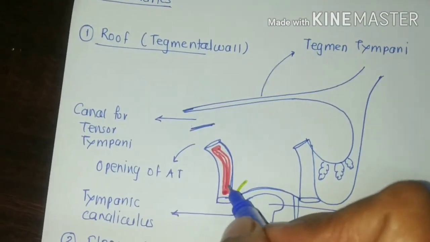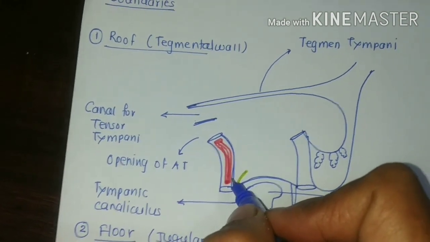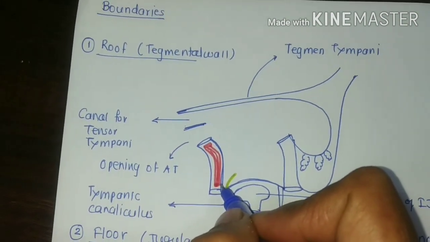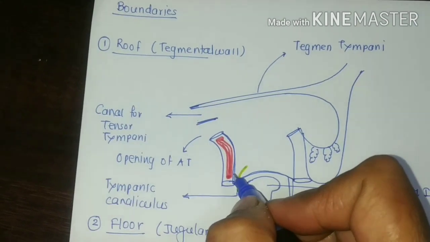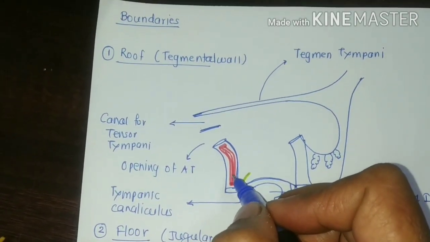And this plate, it is perforated by superior and inferior caroticotympanic nerves and tympanic branch. Clear? So this is the anterior or carotid wall.